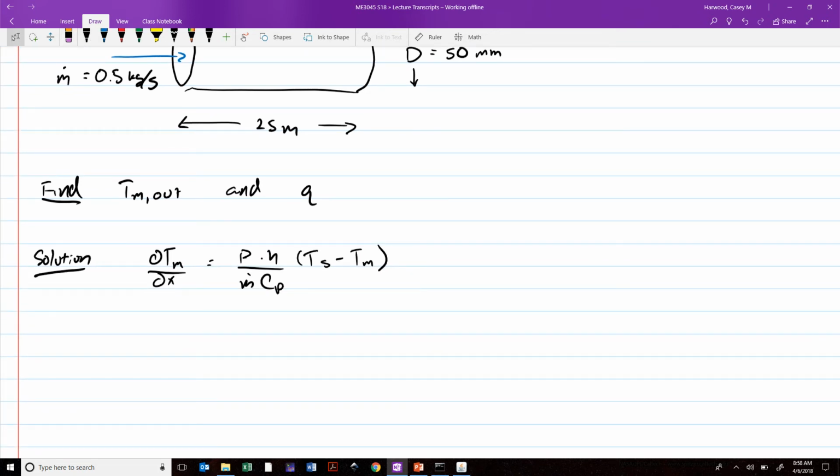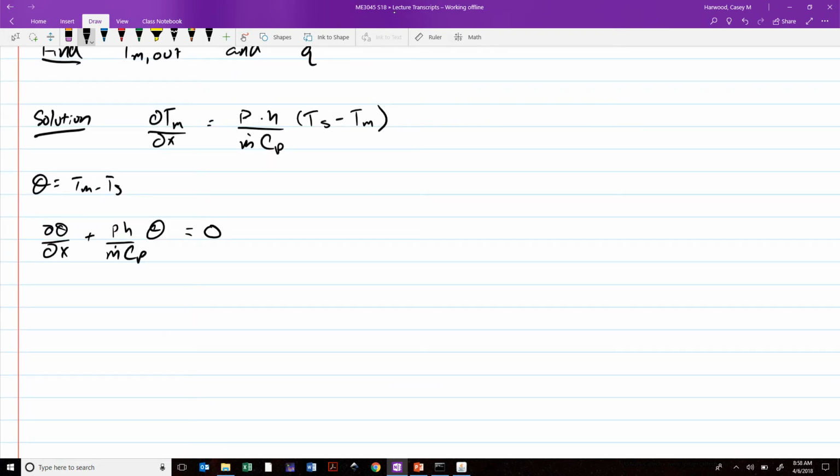Making our same substitution of theta equal to Tm minus Ts, we end up with d theta/dx plus P h over m dot Cp theta is equal to 0, which suggests that theta is equal to C e to the negative P h x over m dot Cp. Instead of writing C, I'm going to go ahead and use this notation. Hope that's okay. It makes it easier for me to write it without cramping everything together.